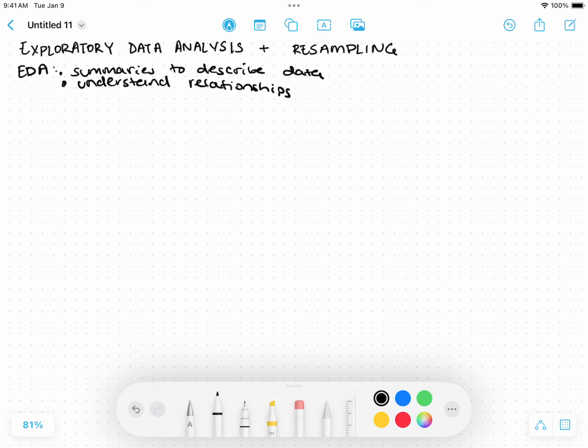Which is helpful because it also allows us to debug any errors, for example, any data entry errors, or identify any sort of outliers. And it's helpful because it allows us to understand how the data should be manipulated so that we can achieve the purpose of our study.